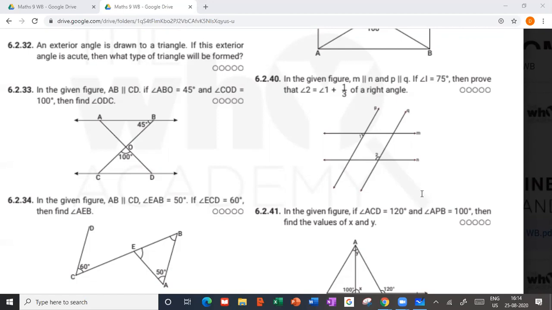Oh, that's angle 1, not L. Can you try doing the 40th question? It looks really interesting.